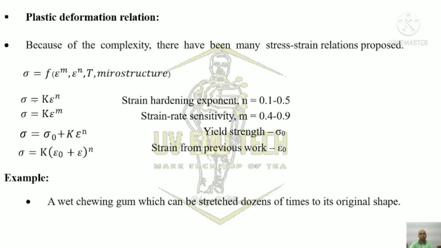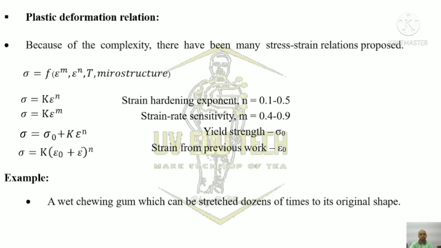First one is sigma equals k into epsilon to the power n. Second one is sigma equals k into epsilon to the power m. Third one is sigma equals sigma naught plus k into epsilon to the power n. And fourth one is sigma equals k (epsilon naught plus epsilon) to the power n.